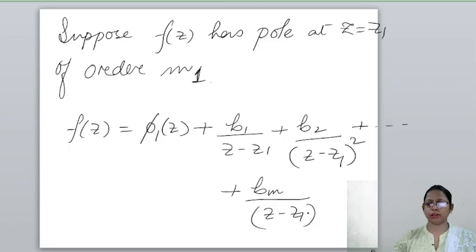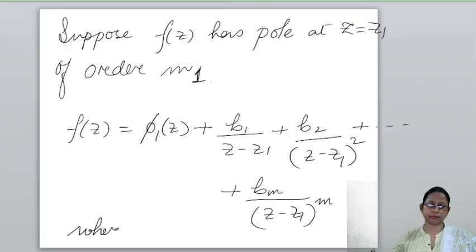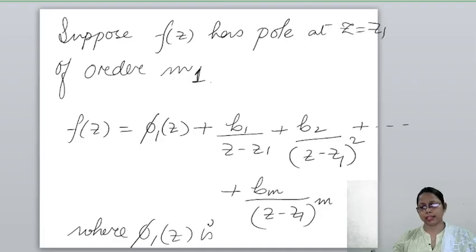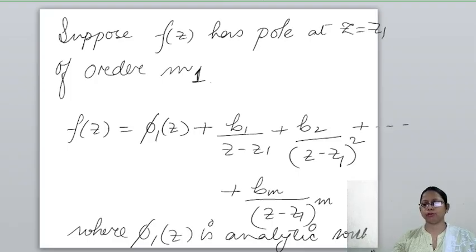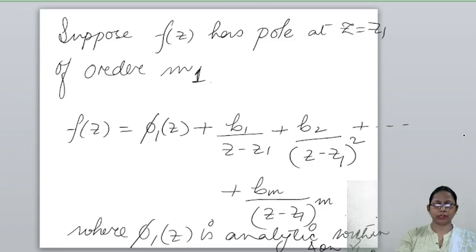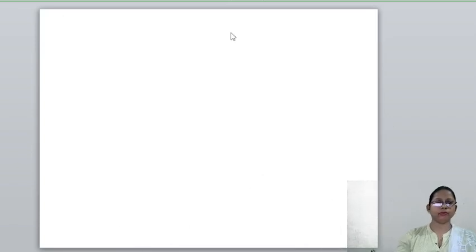Here phi 1(z) is analytic within and on gamma 1.